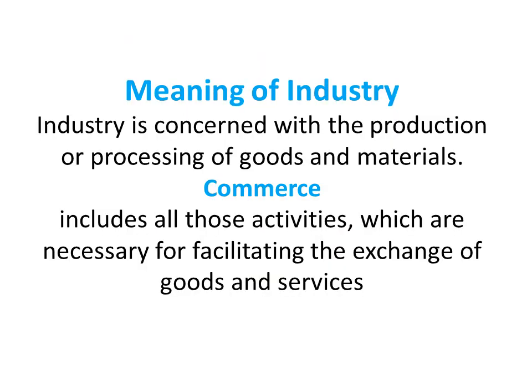What is industry? That is concerned with production or processing of goods and materials. And what is commerce? It is all those activities which are necessary for facilitating the exchange of goods and services. This I will discuss in detail in the next lecture. Thank you.